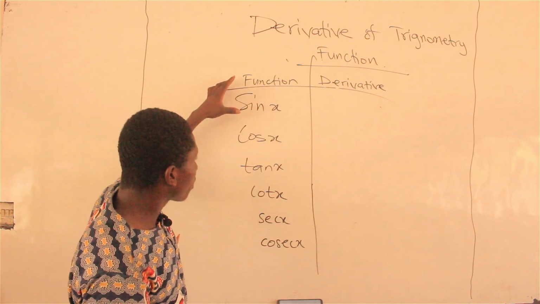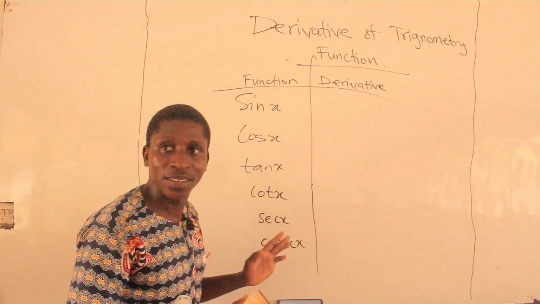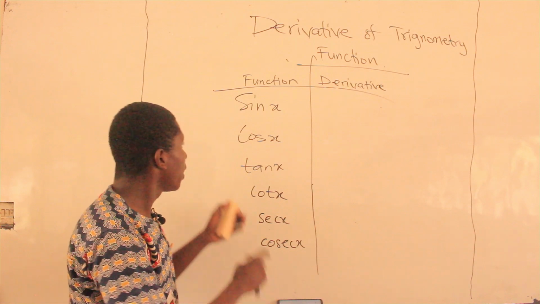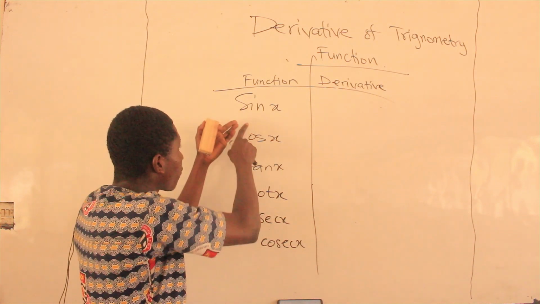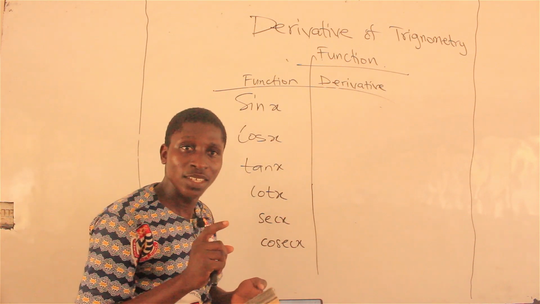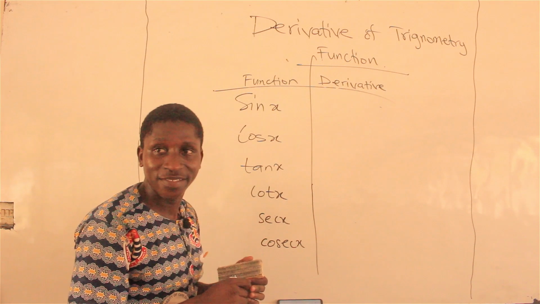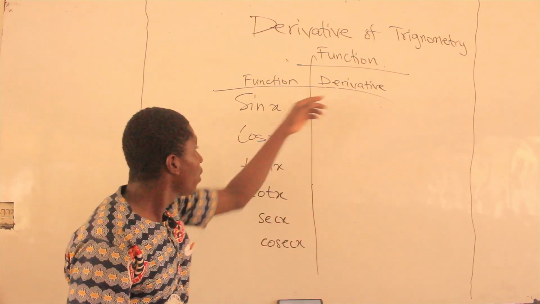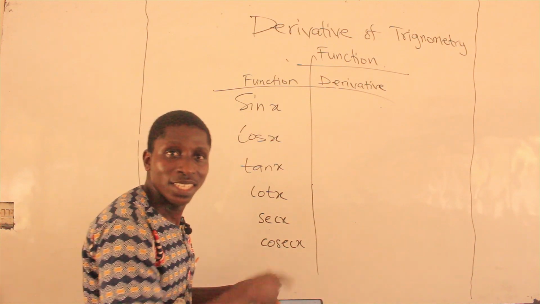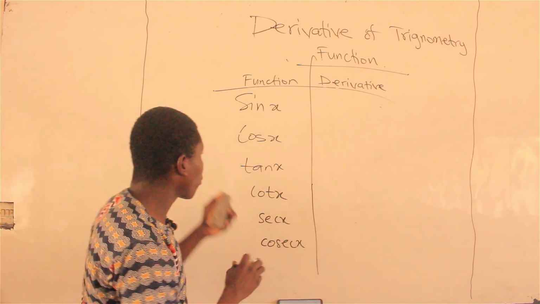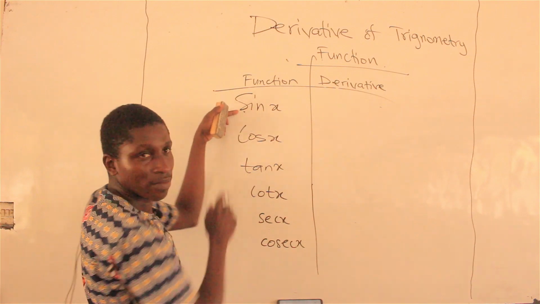Now, how am I going to differentiate all of these? It's easy, as I said earlier. Anytime the function starts with c, just negate the derivative. The first one, sine, does not start with c.